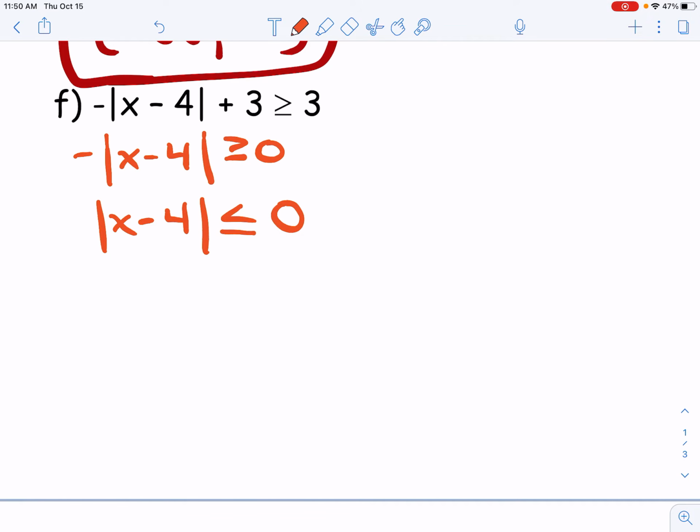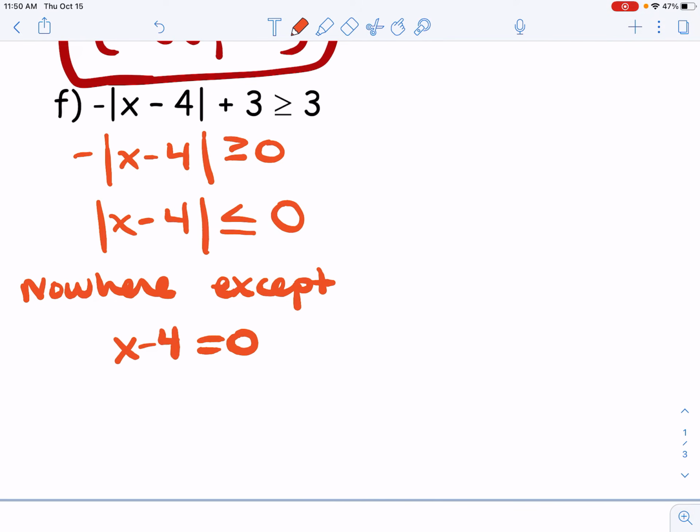But we have that equal sign there, and we know that an absolute value can equal 0. So this is actually nowhere except when x minus 4 does equal 0, which means that's when x is 4. That is our only answer. That's the only thing that's going to make this true.